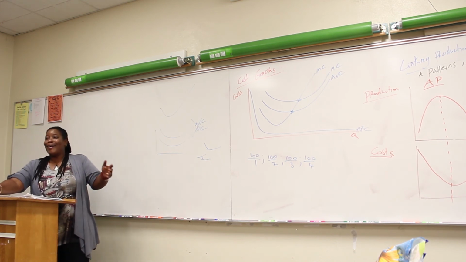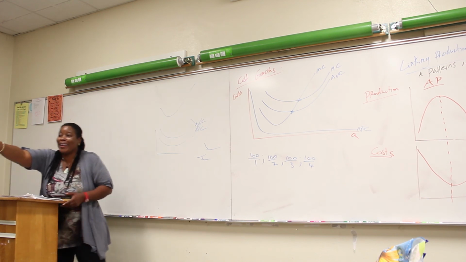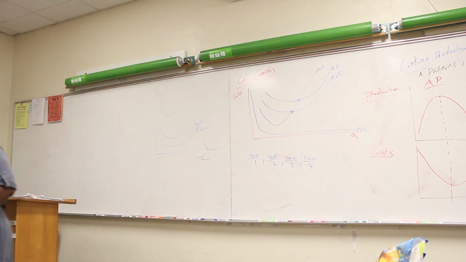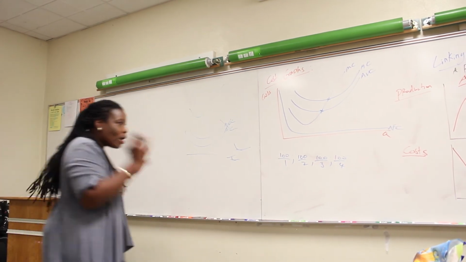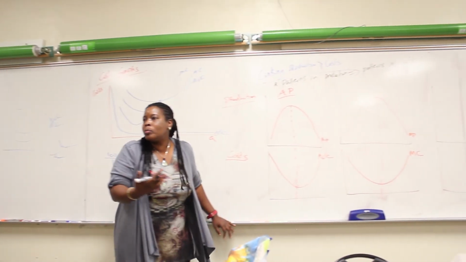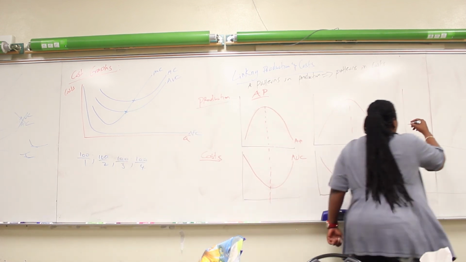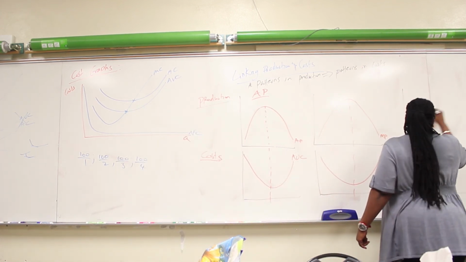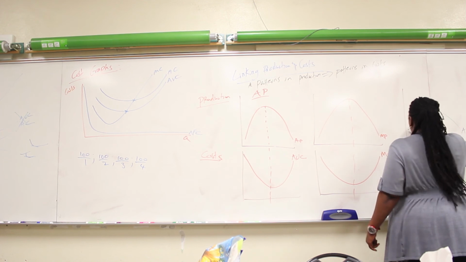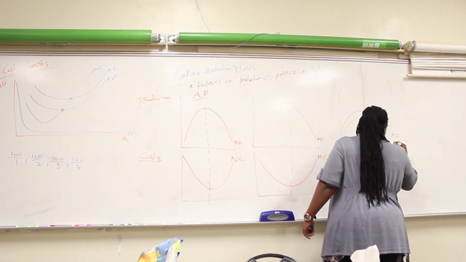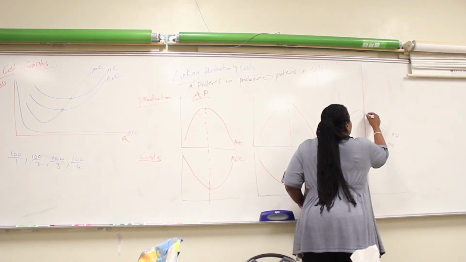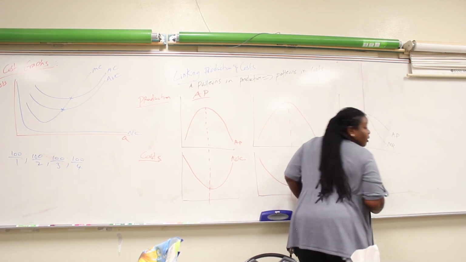Alright, that was a long, awkward pause there. Go ahead. MP goes through the peak of AP. Very good. Marginal product cuts the average product at its maximum point. So if I was to put these on one graph, let's say like this, that would happen.